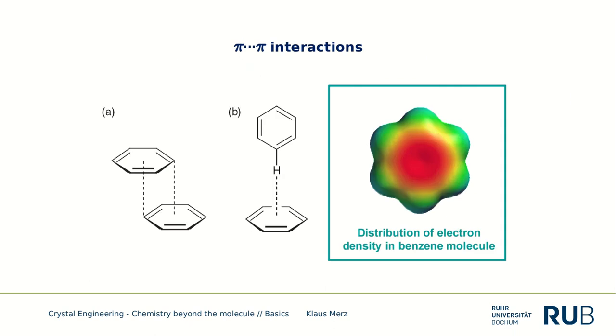We learn the distribution of electron density in the benzene molecule is responsible for the two different types. And we can control the crystal packing by, I don't know, pressure, temperature, and so on. And always we have different partial charges in the system, and we can use these different partial charges for the crystal packing.